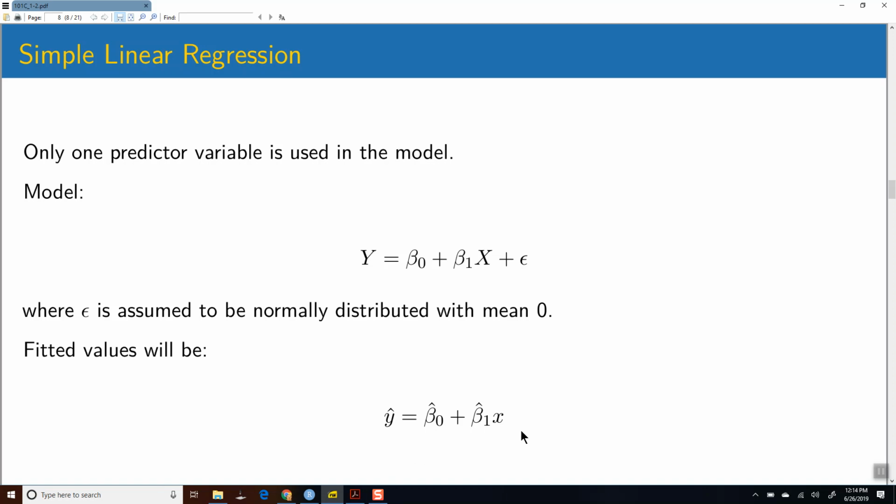This is the model. We are saying that there exists some linear relationship out there in the population between x and y, that as we spend more money on x, we're going to get more sales. Or, you increase the square footage of a home, the price of the house goes up, stuff like that.